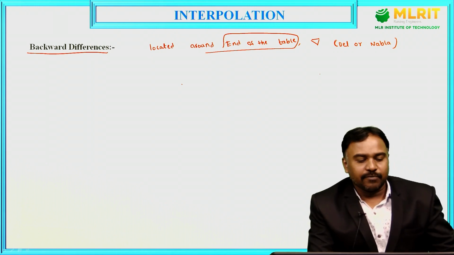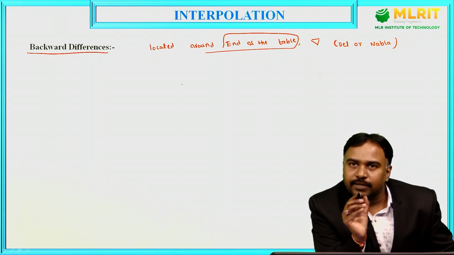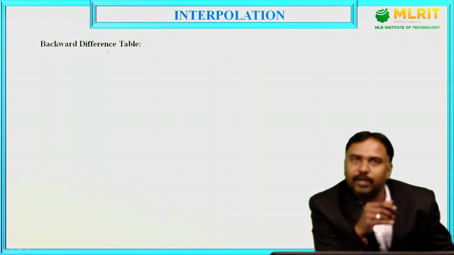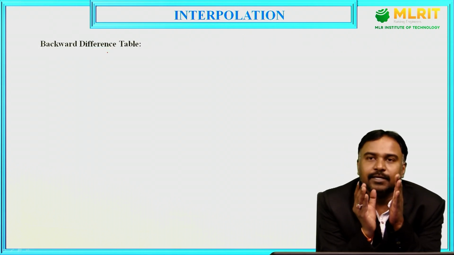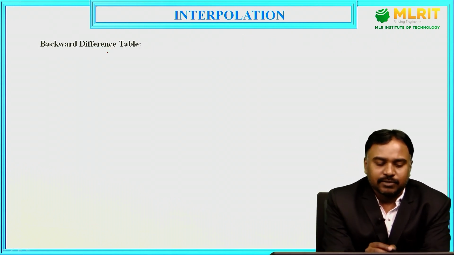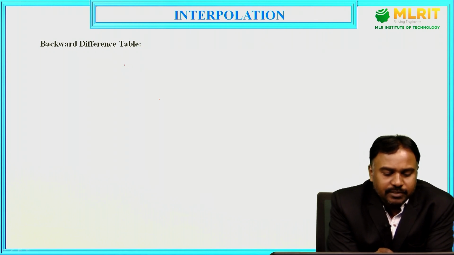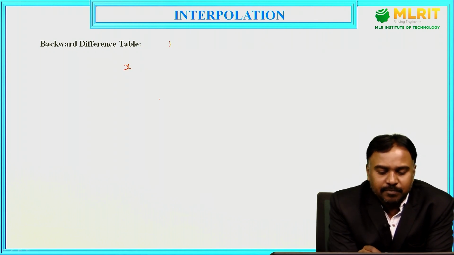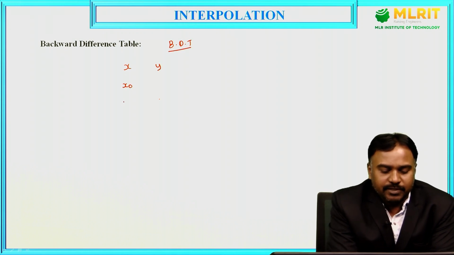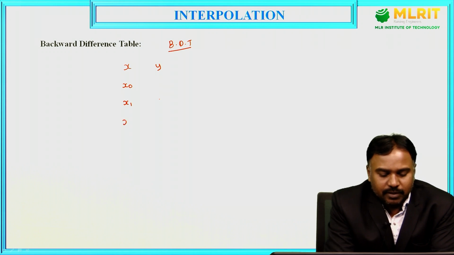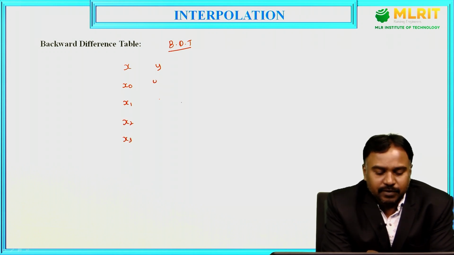Backward differences, considering the same points, and we are going to construct the differences table. Same way, I am considering a few points to construct the backward differences table. To understand clearly, I am considering a few points, x0, x1, x2, x3, and the respective function values.